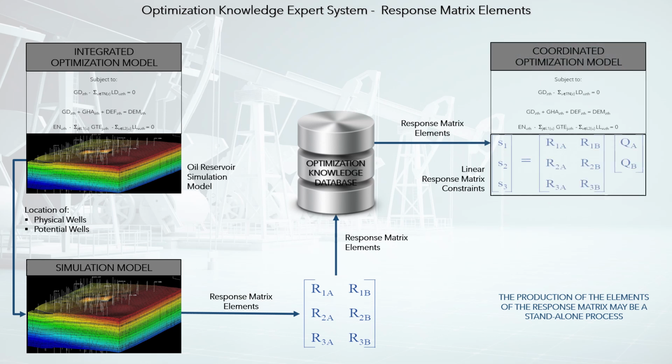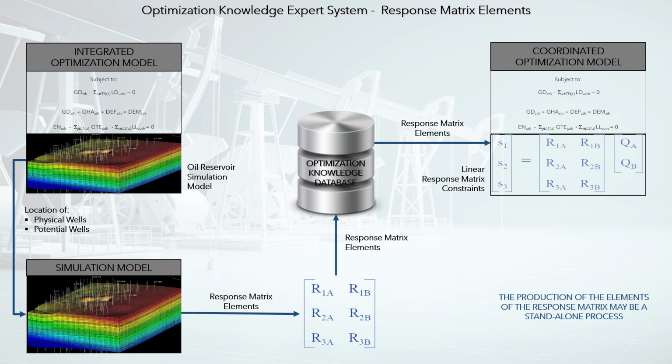Then, the elements of the response matrix will be used by the coordinated optimization model, when the optimization process requires this information. If large-scale optimization methodologies are used, it is possible to establish a dialogue between the information system and the optimization model as the optimization process progresses, decreasing the dimensionality of mathematical problems and speeding up solution times.